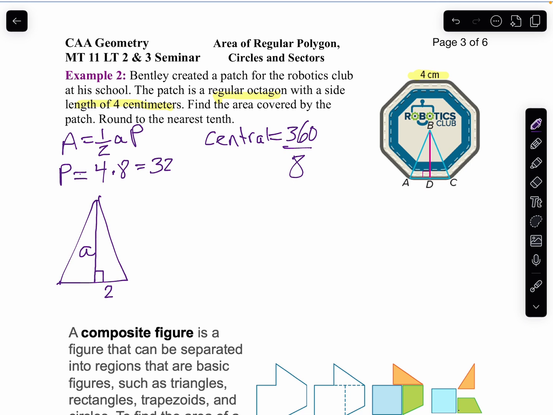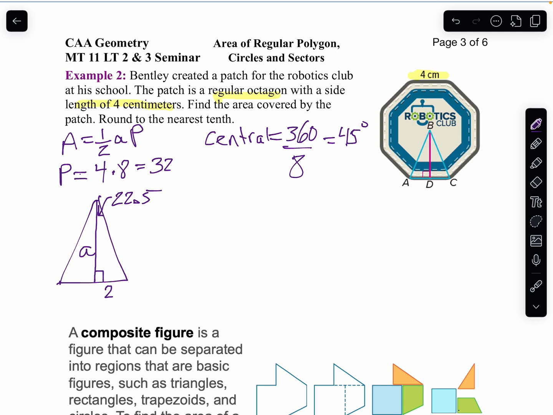So I know my central angle is 45 degrees. But notice I dropped in my altitude, so I'm going to cut that in half, so this is 22.5 degrees. And now I've got an angle with 2 sides. So SOHCAHTOA comes back in. It doesn't really go away.